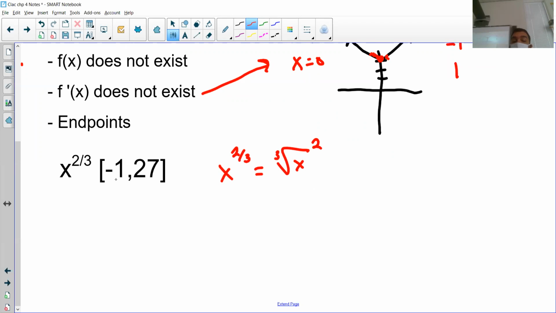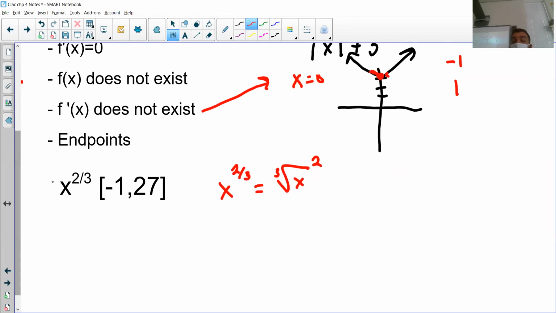From the interval of -1 to 27, notice these are hard brackets, so it's including those endpoints. Okay, so let's go to the checklist of where endpoint or extreme points could exist.